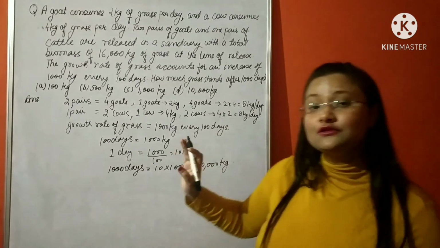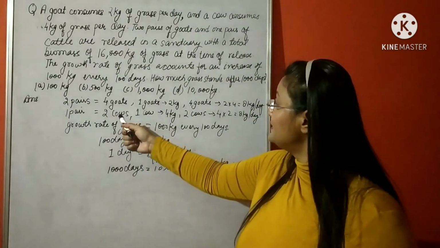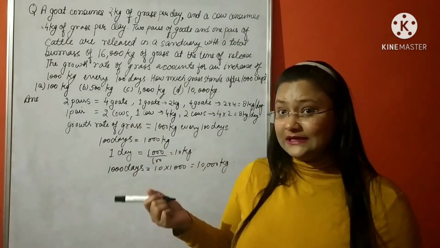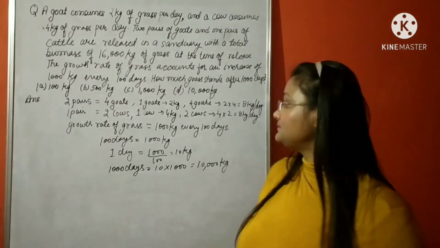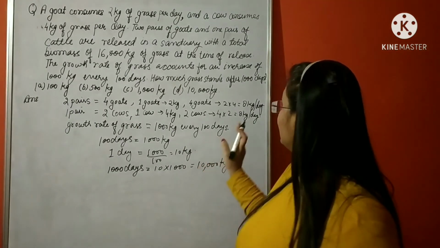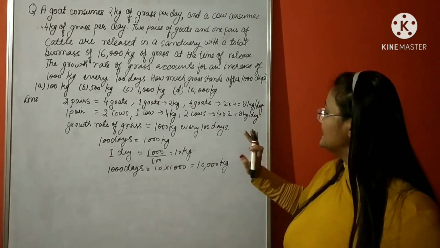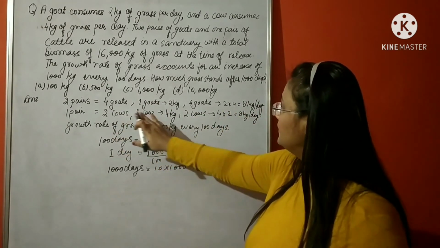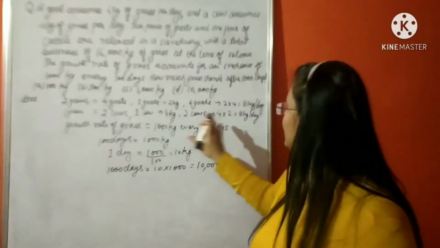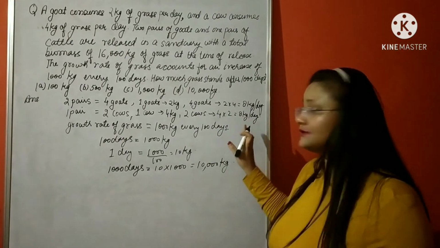But we also need to notice here that goats and cows are also eating some amount of grass. So we will also count that. In one day, goats eat 8 kg and all the cows also consume 8 kg.